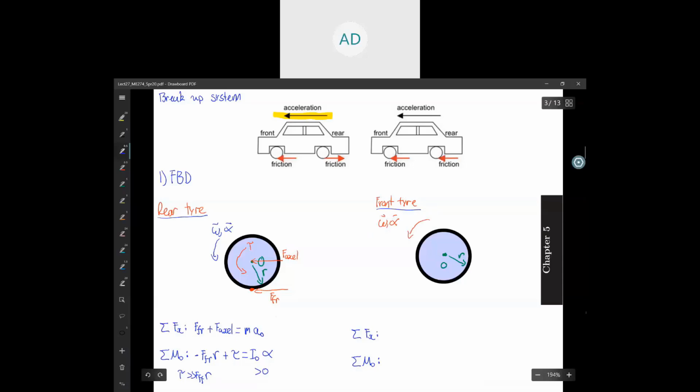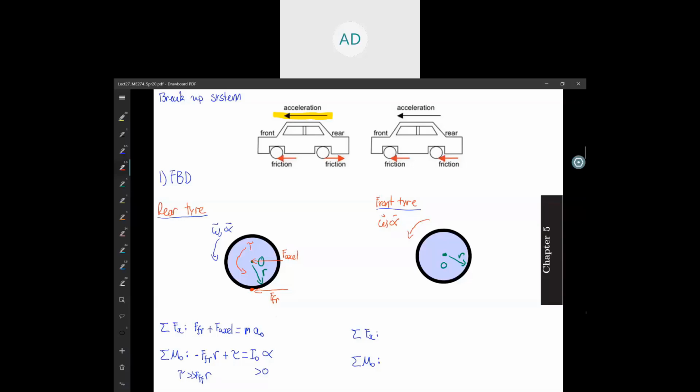We know that the direction of rotation of the tires is going to be the same in both the front and the back. And now in this case, we have to be a little bit more careful because since the vehicle is rear-wheel drive, then for the front wheel, we're not going to have an imposed torque.